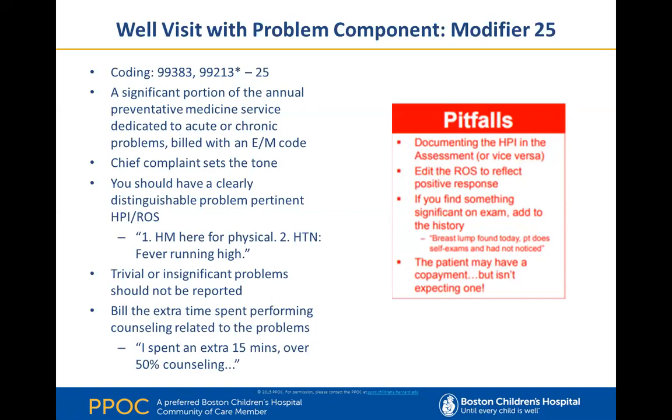And I know that sounds ridiculous, because why should it matter where they document it? But it does, and you can remedy this problem entirely by tipping off, quote unquote, the reviewer by saying the patient is here for physical plus surveillance of chronic issues, or patient is here for physical plus acute complaint.